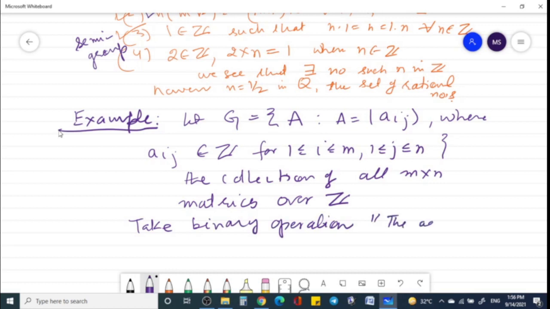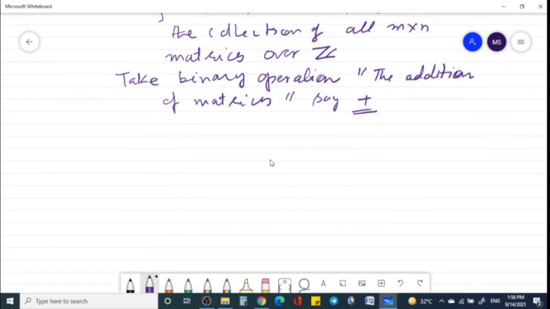So if we take the binary operation, addition of matrices, say this is plus, we can see that this set G forms an abelian group.